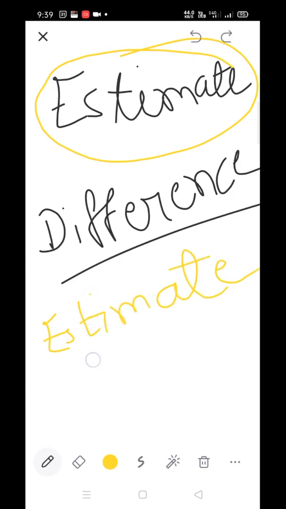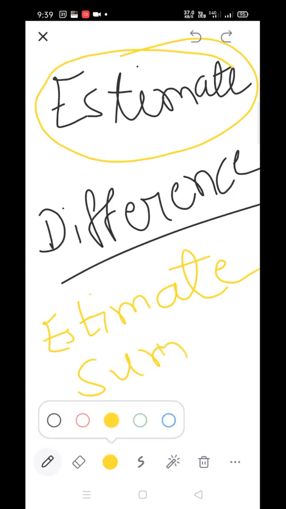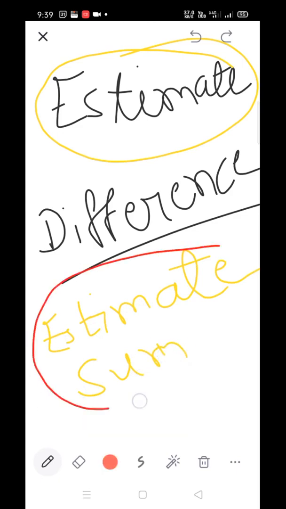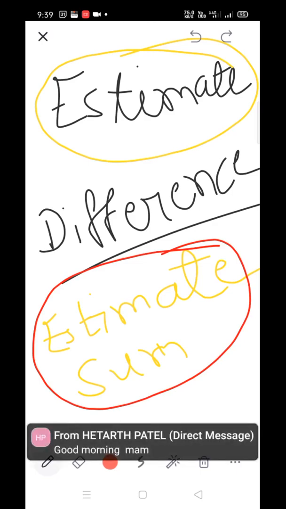So tell me, students, what did you do in the estimate sum? Addition. Very good.